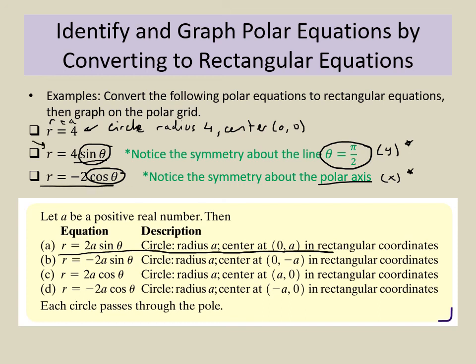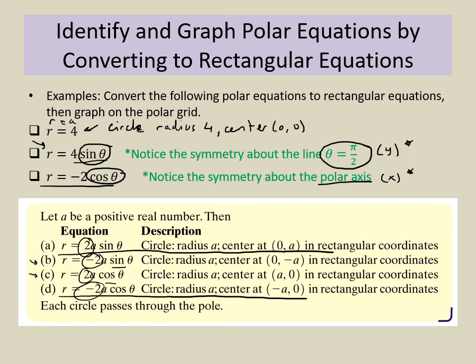This is also a circle. That's this case right here. It's a circle with the radius a, and the center is negative a comma 0. And those two here are exactly the same thing, one of them with the sine and one of them with the cosine, but this time there's a positive and a negative. So we've seen an example of both, one positive and one negative with each.